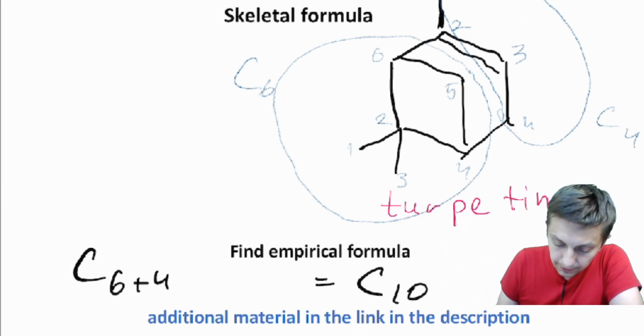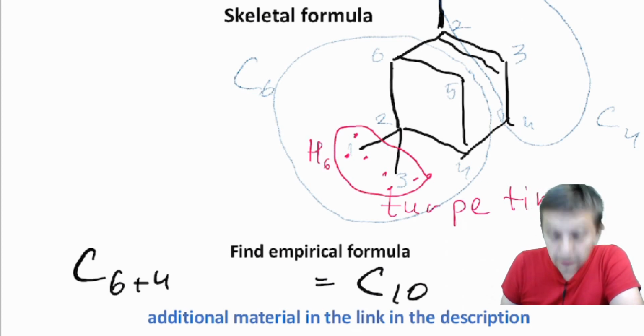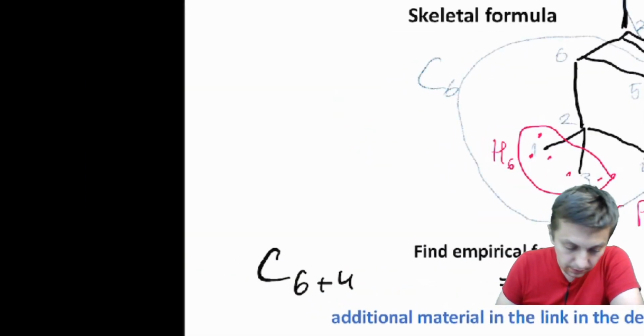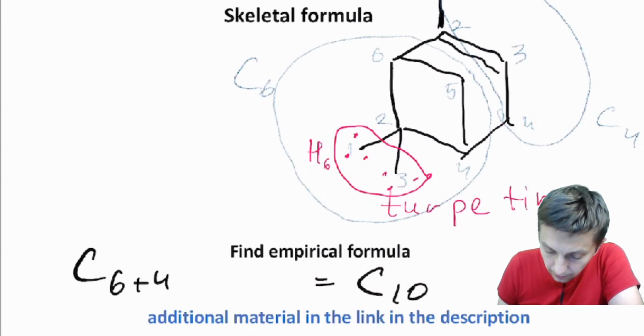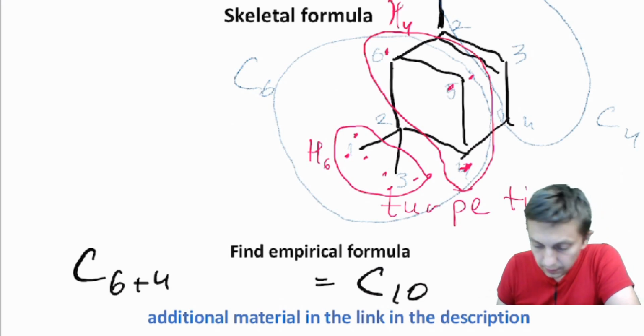For example, for hydrogen atoms, 1, 2, 3, 4, 5, 6. So it's an H6 fragment. Another, 1, 2, 3, 4. This fragment is H4.